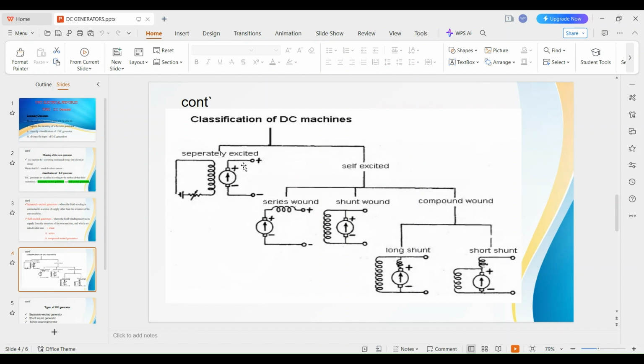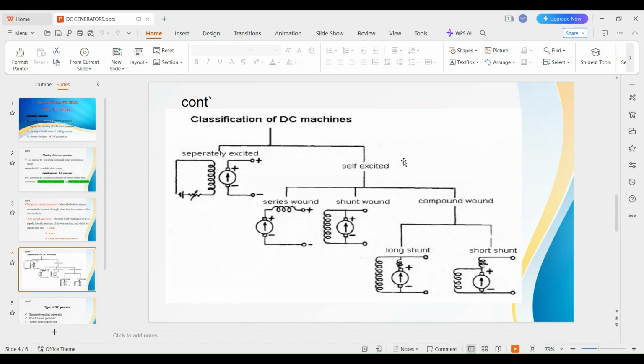We have said that separately excited is whereby the field winding gets supply from another source, while self-excited is whereby the machine receives supply from the armature of its own machine. I think that is clear.